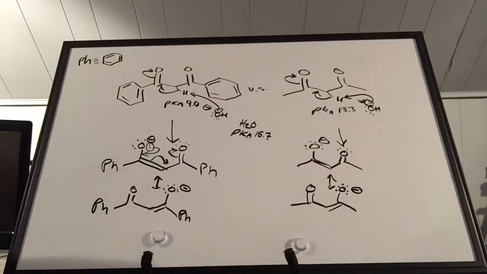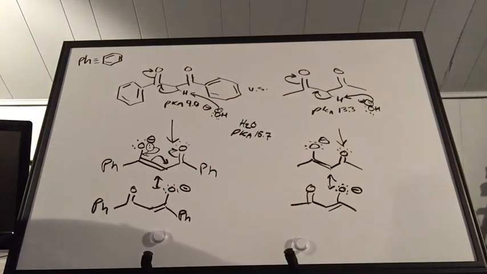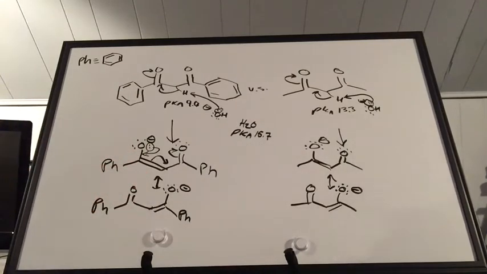Okay, but should be a good general representation. Okay, so again, these methyl groups are going to feed some electron density in here. That's not a very good move when you have a negative charge and you're already at capacity, if you will. So in other words, this is going to be a more stable anion than its methyl counterpart at the right.